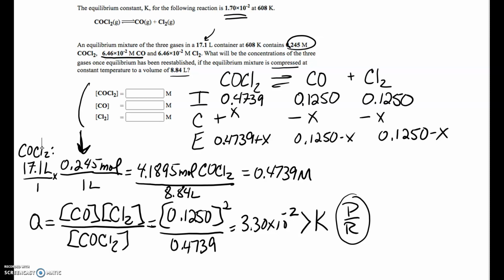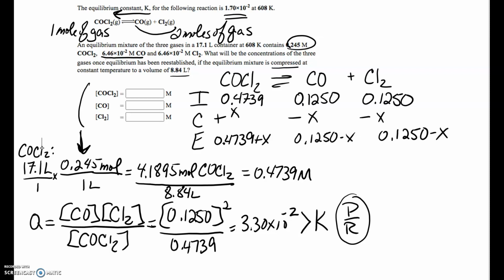If you look at this, there's gases on both sides, but there's 2 moles of gas on the right and only 1 mole of gas on the left. The coefficients of this balanced equation are all 1s, and all I'm doing is adding the coefficients. I've got 1 CO and 1 Cl2 for my product, so I add those together and I get 2. On the left-hand side, there's only 1. So if we can shift this reaction to the left, we're shifting to the side with fewer moles of gas, which will help bring down the pressure.